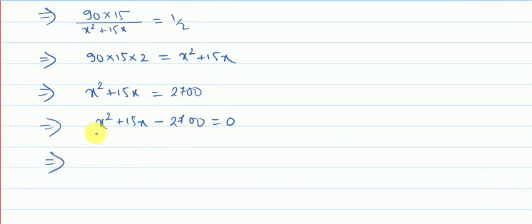Now here we have 1, here we have minus 2700. Think of two numbers whose product is minus 2700 and sum is 15.